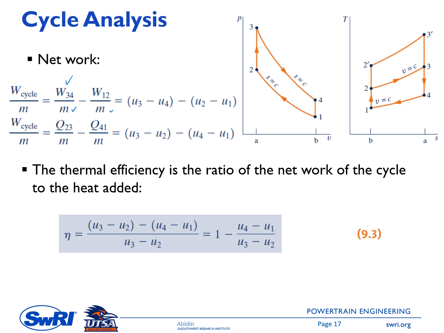Or we can get this net work from the net of the heat, so this is Q in minus Q out. And you can see that if you modify the position of the U slightly, this formula is the same.